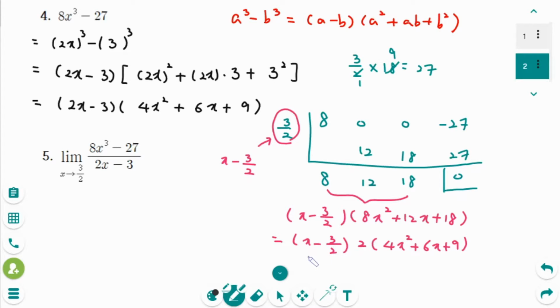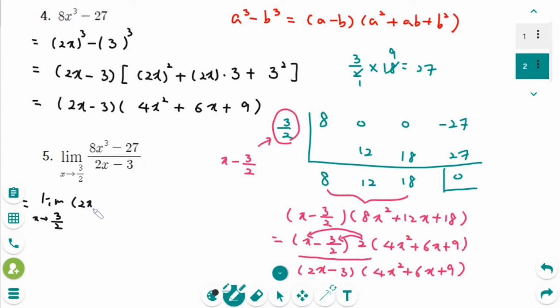Then we can expand this one. So it's 2x minus 3, and it's the same. So finally we have the same factor. So this one is (2x minus 3)(4x squared plus 6x plus 9) over (2x minus 3).